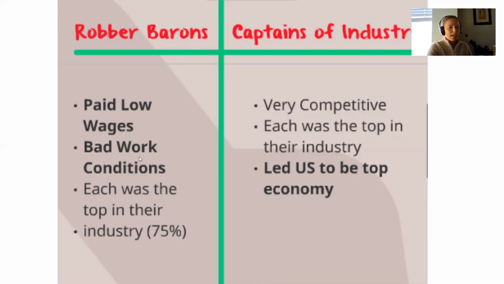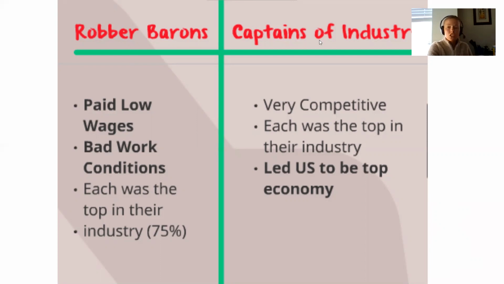Their workers worked in bad conditions. They are also cutthroat when it came to their business tactics, you know, cornering the market, buying out everybody else until they're the only one left, the only monopoly. These bad things that they did, controlling the government and their workers suffering, they're referred to as robber barons.